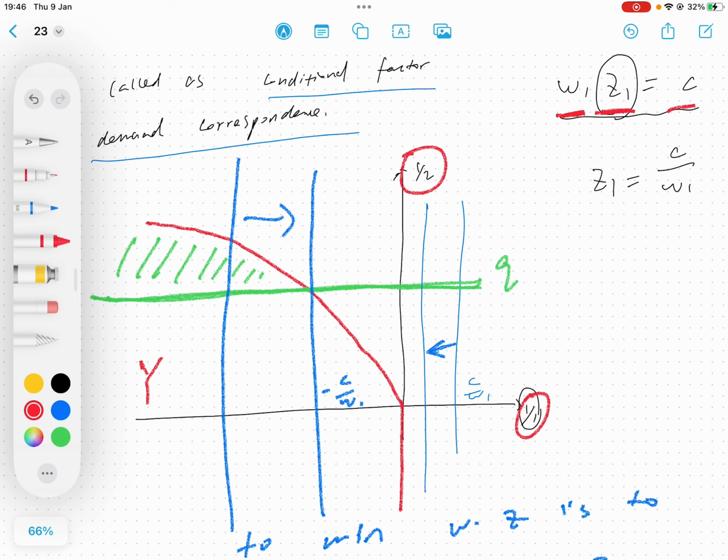We give some constant level to the cost, which gives the iso-cost line. Moving terms to the other side, we notice this is a straight line parallel to the vertical axis, with z1 equal to c over some positive number w1.